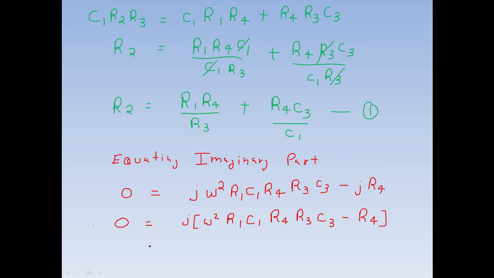Now the equation is omega square R1 C1 R4 R3 C3 minus R4. So this R4 goes to the left hand side, then R4 is equal to omega square R1 C1 R4 R3 C3.